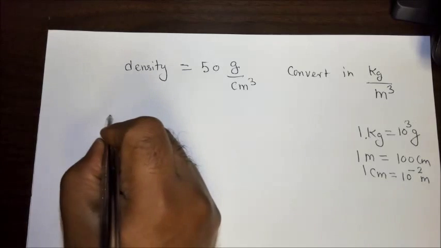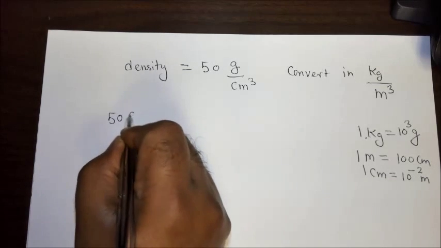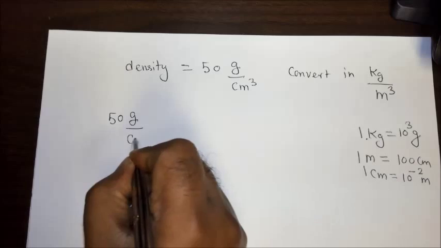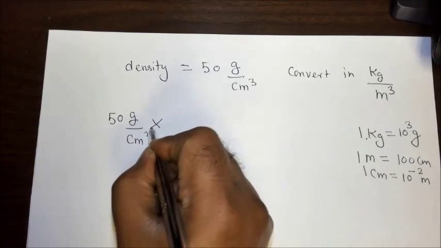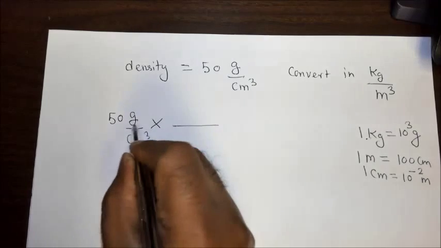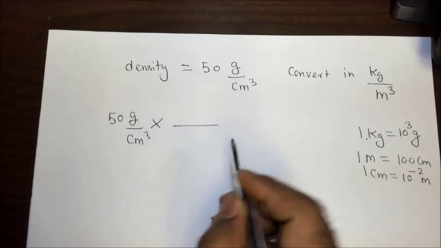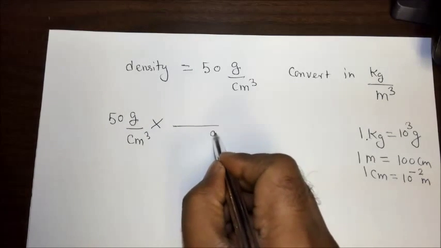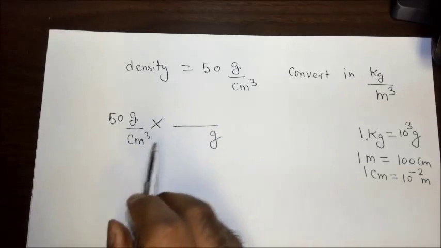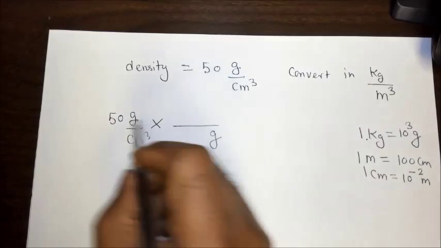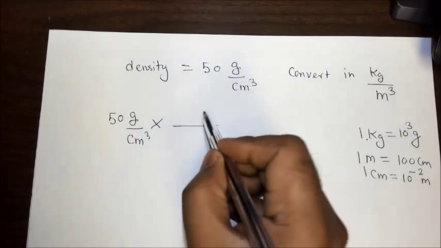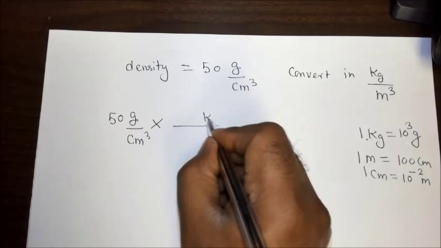So first of all, I will write the number 50 gram per centimeter cube. Then I know that I have to cancel gram, so I will put gram in the denominator, and I have to put kilogram in place of gram, so I will put kilogram in the numerator.